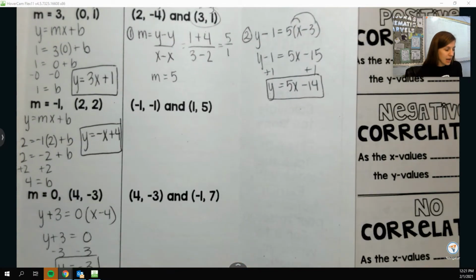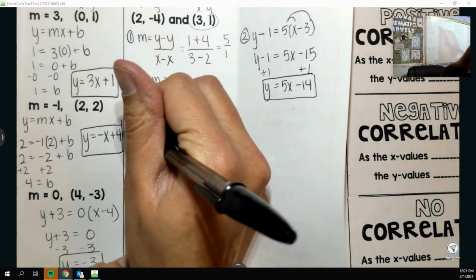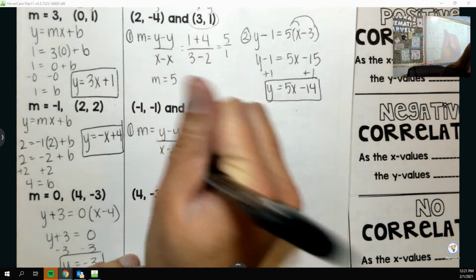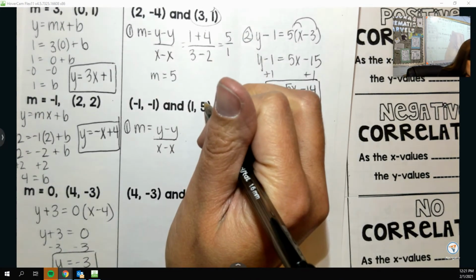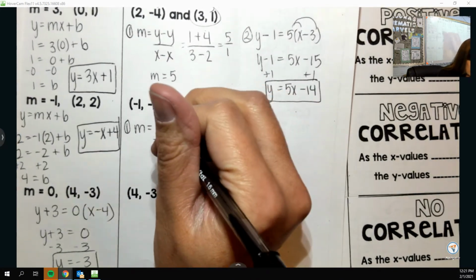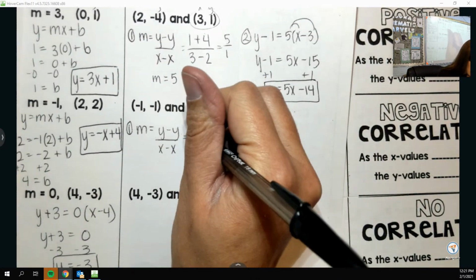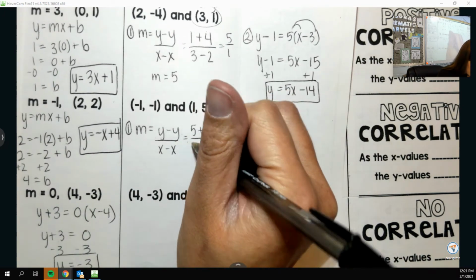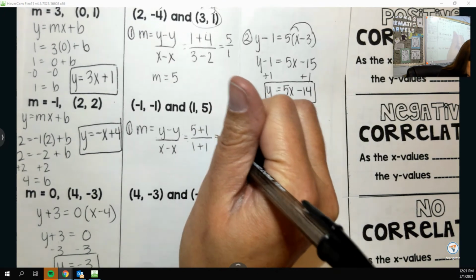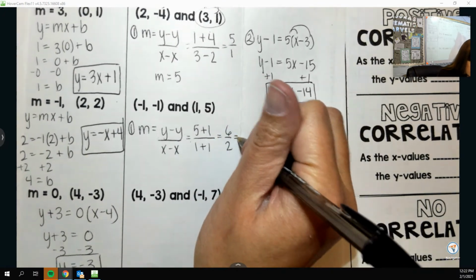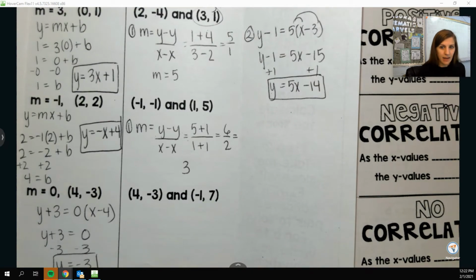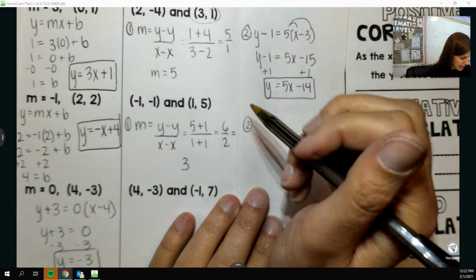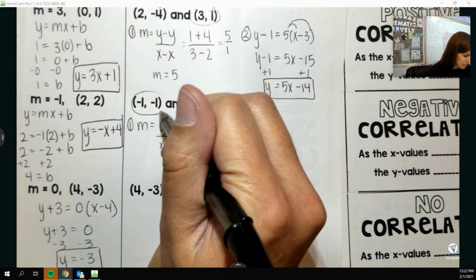Okay. On this next one, gotta find slope. So we'll do y minus y over x minus x. So again, I think I want to do 5 minus -1 because it'll get me a plus. And then 1 minus -1, so 6 over 2, which is a slope of 3. And then I'm going to go with the -1, -1.